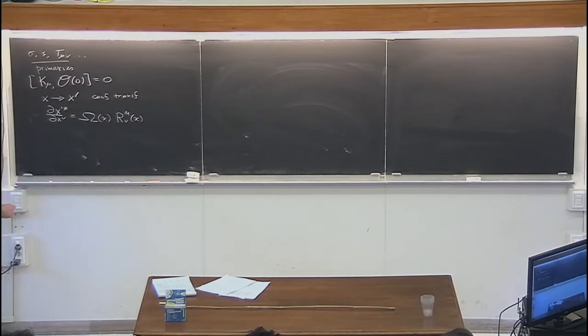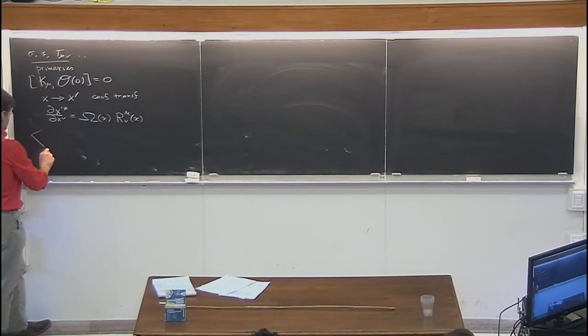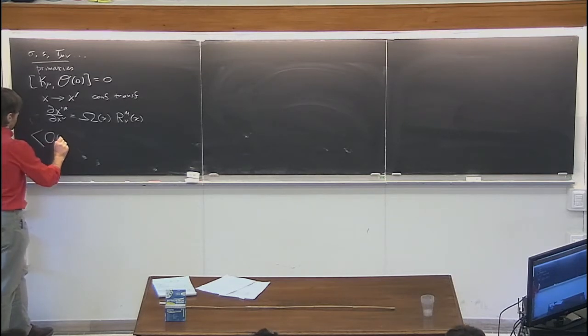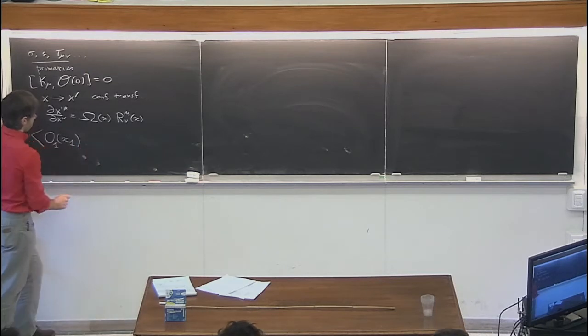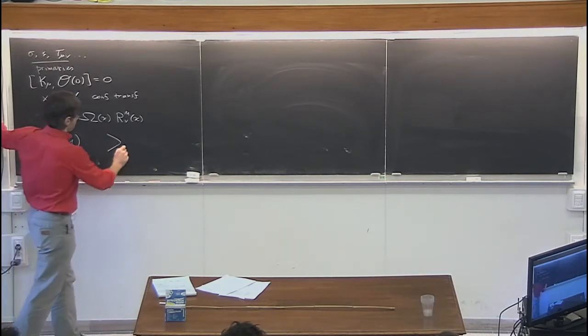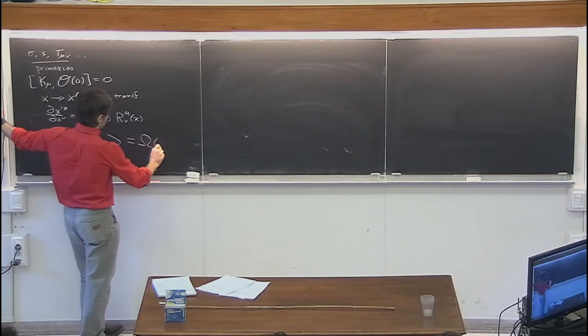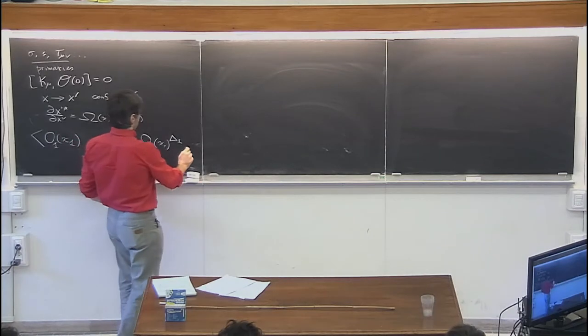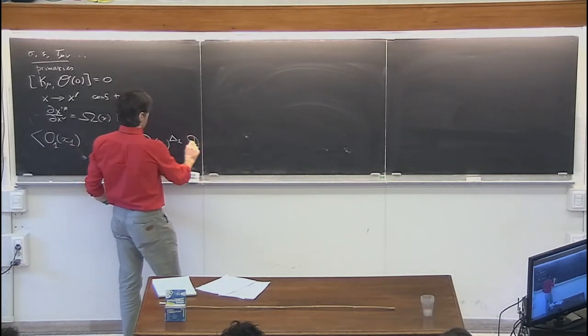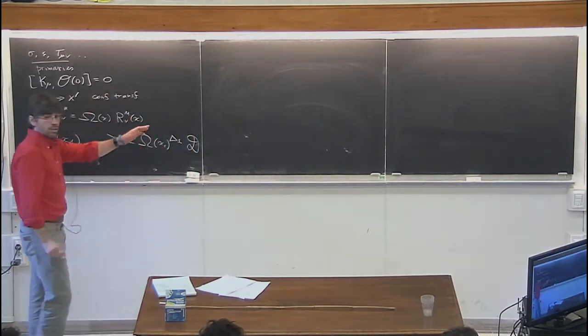Then under any such transformation we must have that the correlation function of O1 of x1, O2 of x2, and so on has to be equal to omega of x1 to the power delta 1 times this matrix, which I denoted D, and it's only there if there are indices.